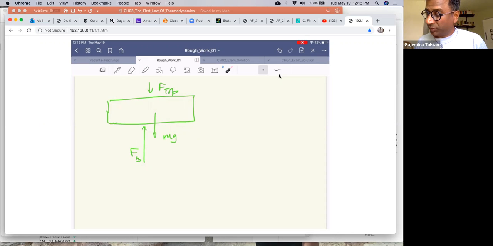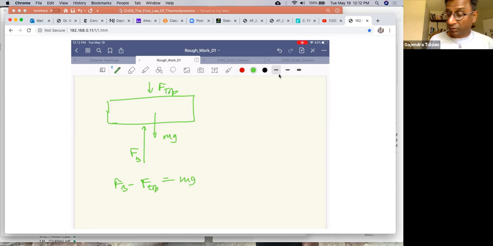So the force below must be greater than the force above. The force below minus the force at the top should equal the weight of the slab because the slab of air is not falling down.